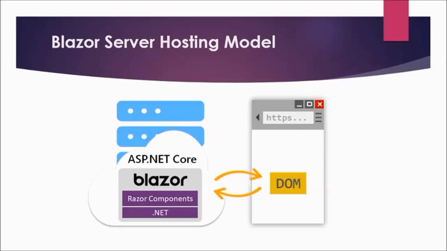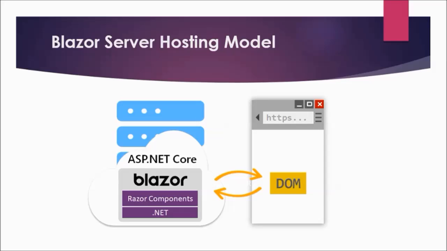Blazor Server Hosting Model. With Blazor Server Hosting Model, the application is run on the server. Between the client browser and the server, a SignalR connection is established. When an event occurs on the client, such as a button click, the information about the event is sent to the server over the SignalR connection. The server handles the event and for the generated HTML, a difference is calculated.